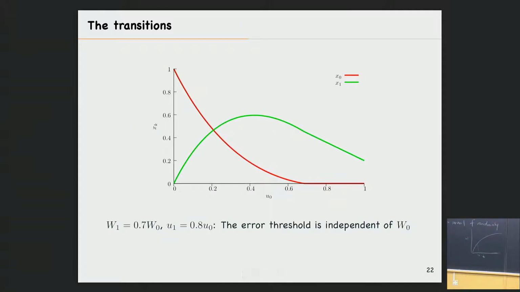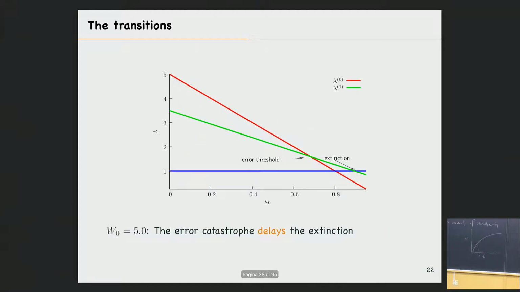So probably the best thing is to see it in this way. Here we have a situation in which there is the condition for the error catastrophe that happens.